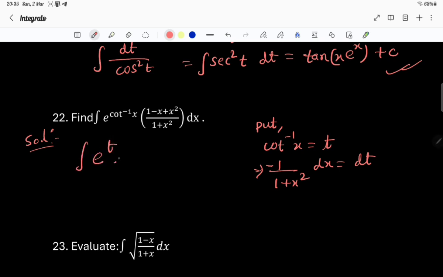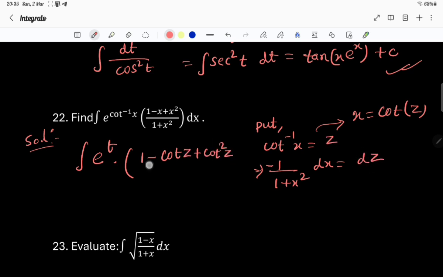E to the power t into, from here x is coming cot t. So you will write 1 minus cot t, or you can take z, will be looking good. Okay, dz. So cot z plus cot square z by 1 plus x square is already, you know, it is coming dt or dz.